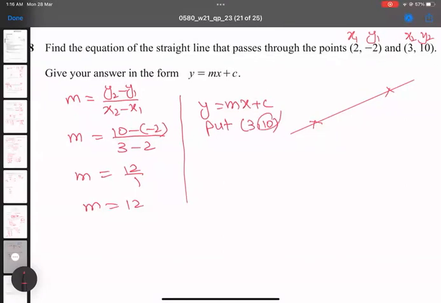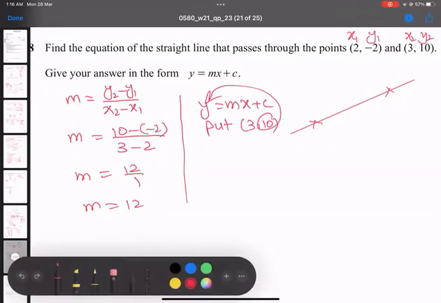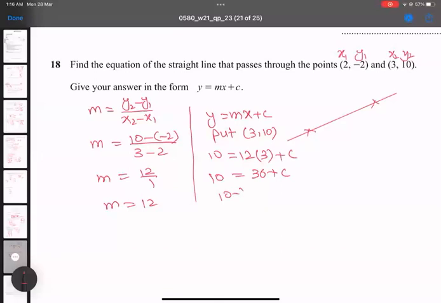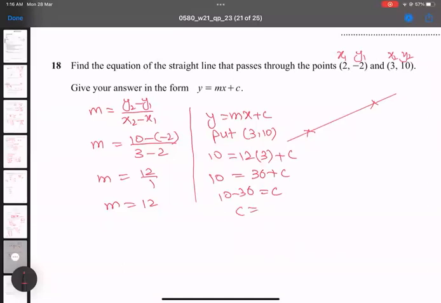When I plug in this 10 in the place of y and this 3 in the place of x, let's see what happens. The gradient value is 12, x is 3, so 12 threes are 36. And c is 10 minus 36, so c becomes negative 26.